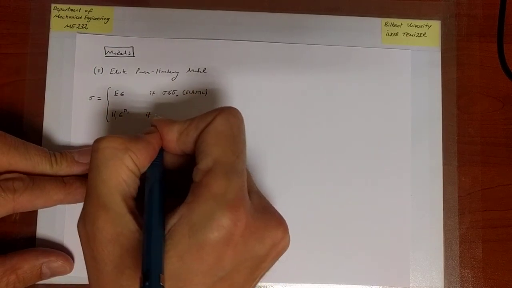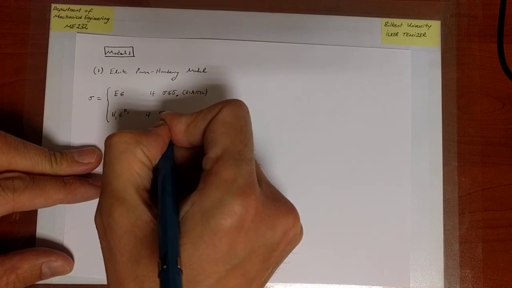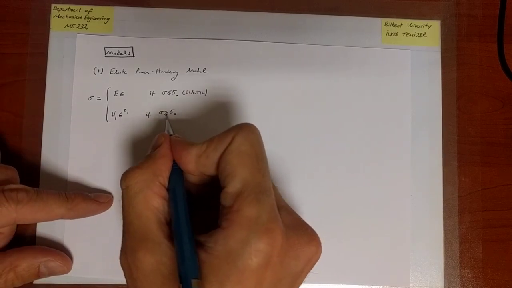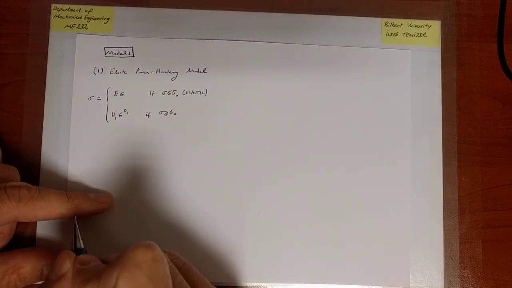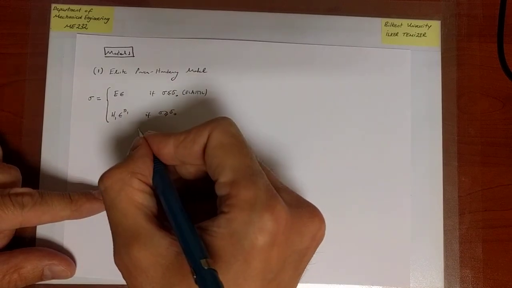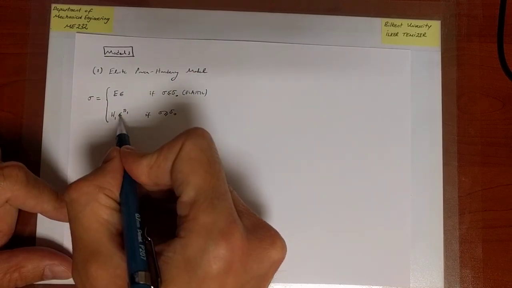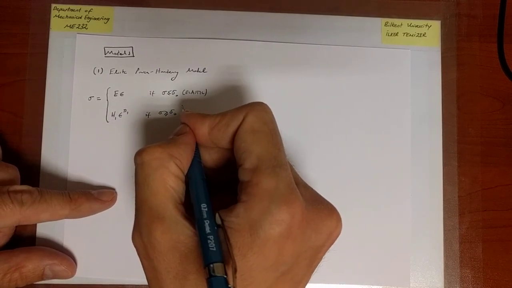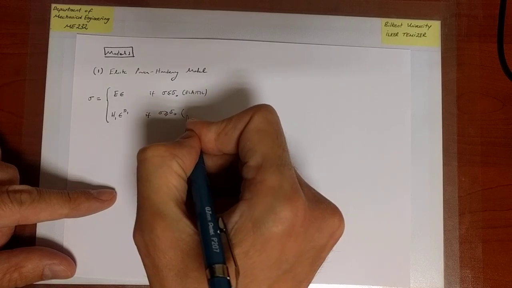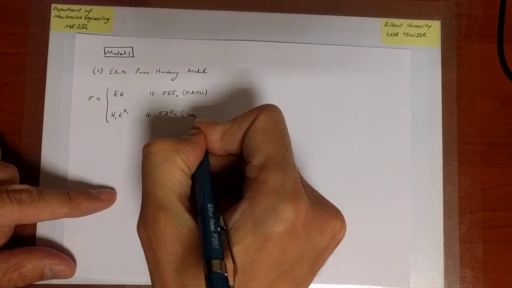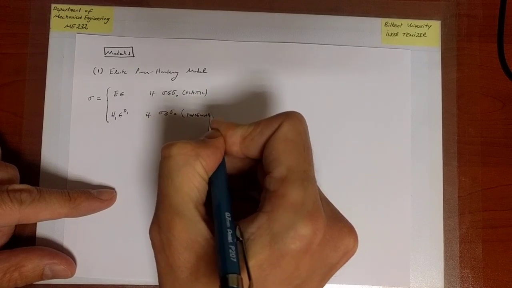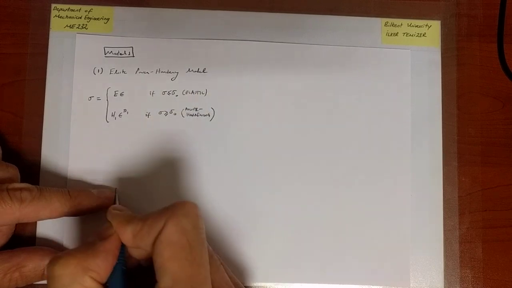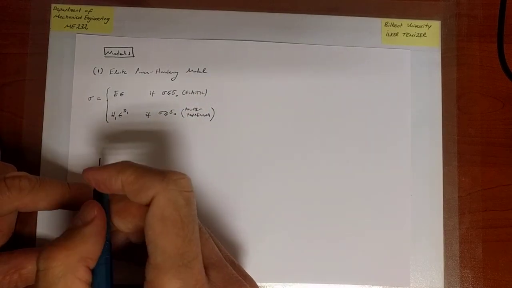So if we are in the region where yielding has occurred, or you are beyond the point of yielding, then you want to capture the ever-increasing behavior of stress with respect to strain. So you put an exponent of strain multiplied with some constant, and therefore you capture hardening. And in particular, we have a power hardening relation because of this exponent.